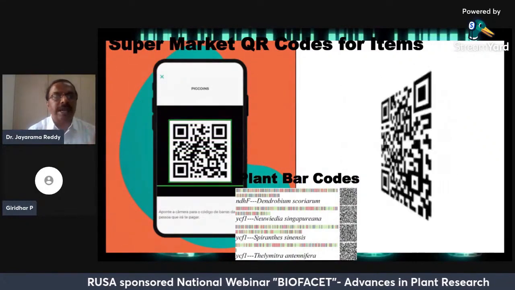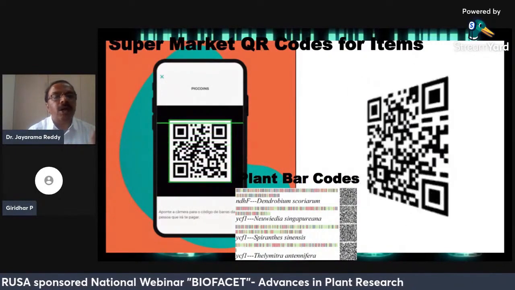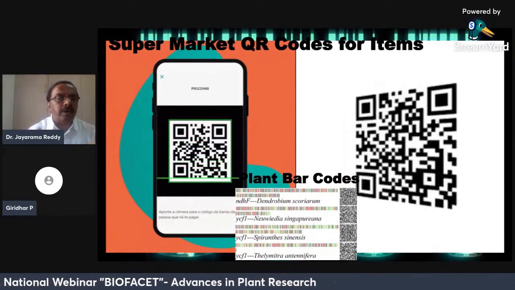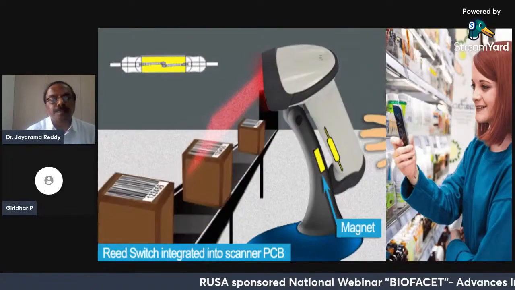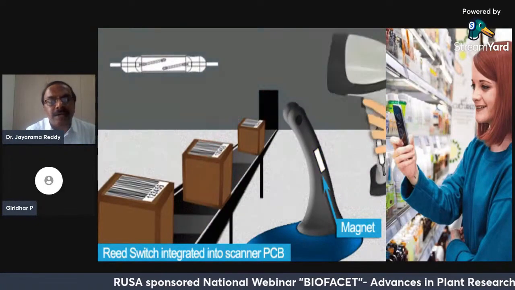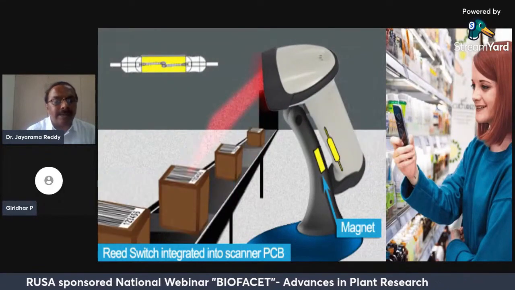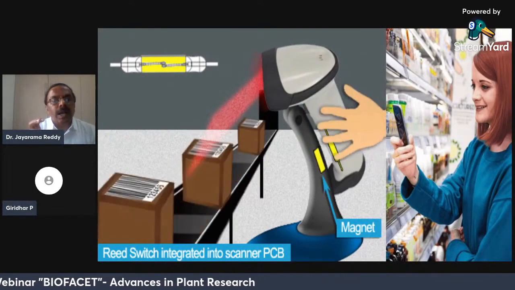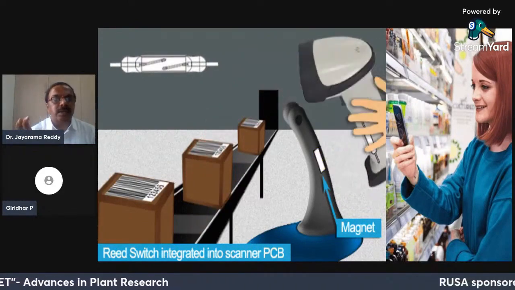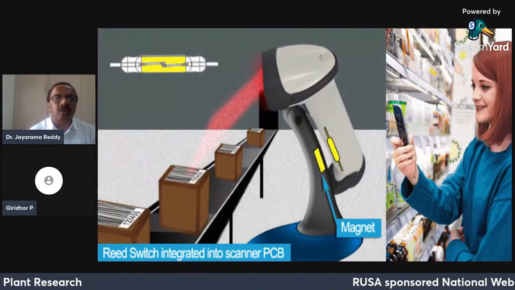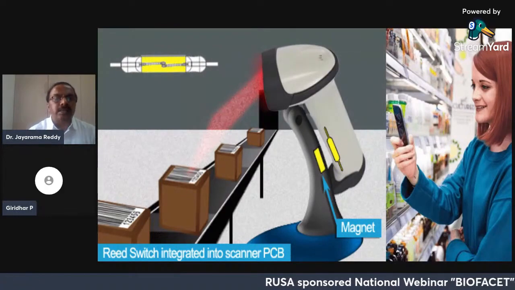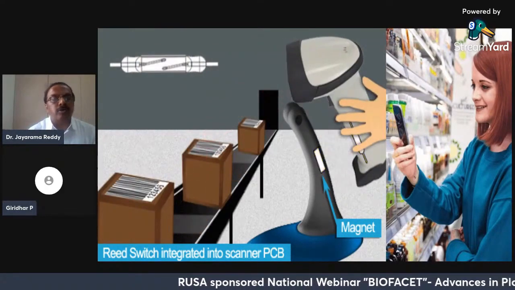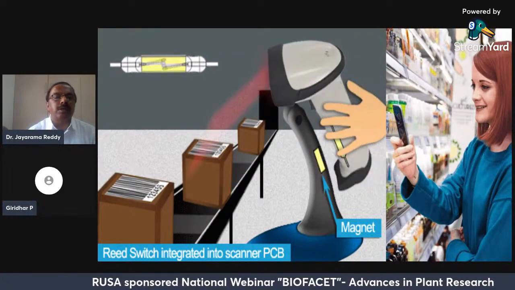QR codes are available now on all the products that we buy in the market. The scanner reads the barcodes, and all the details hidden in the barcode are recorded in the scanner and displayed on the monitor of your computer.